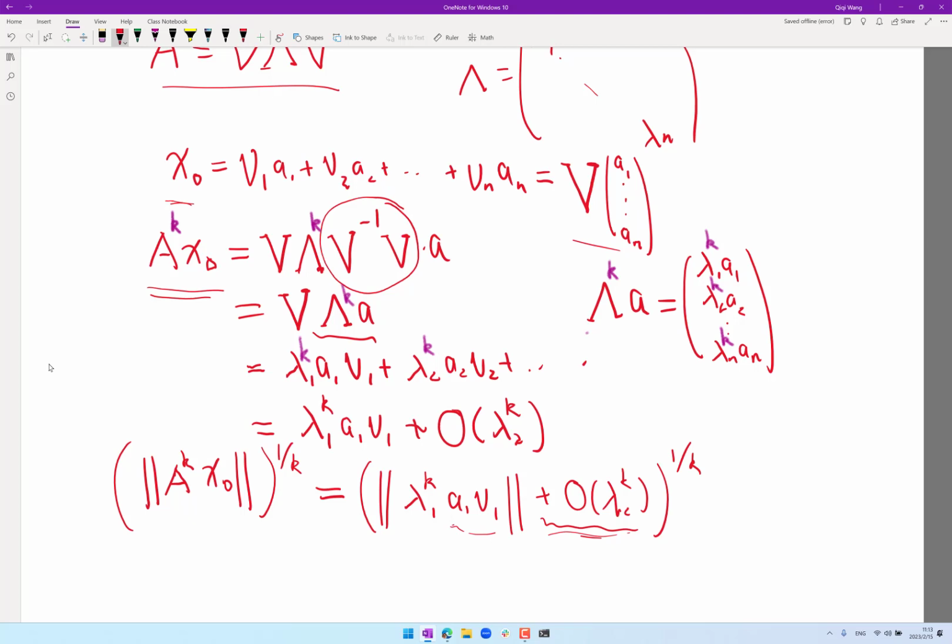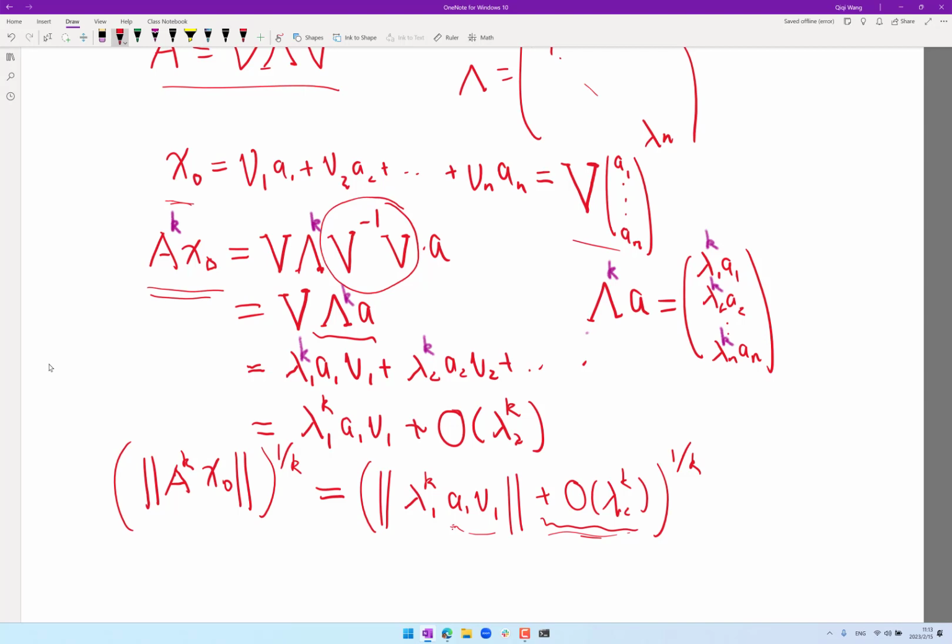Also, if we happen to choose an initial x0 whose contribution from the first eigenvector is exactly 1, so a1 is equal to 1, then, because we are assuming all the eigenvectors are unit norm, we would have no error.